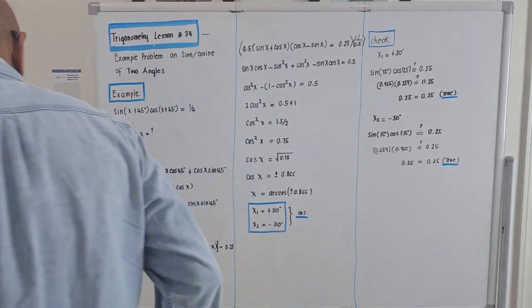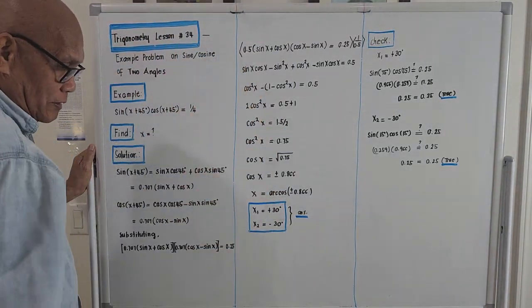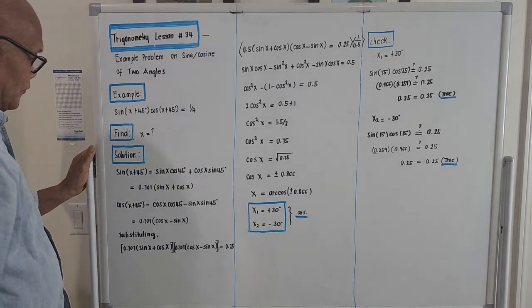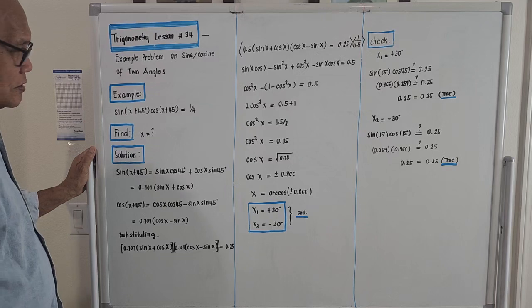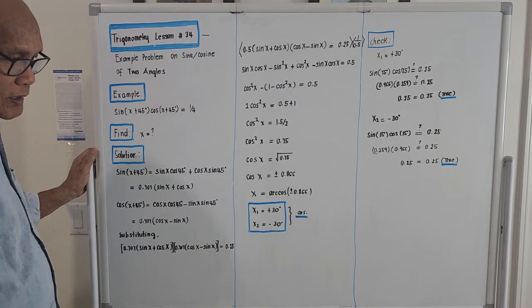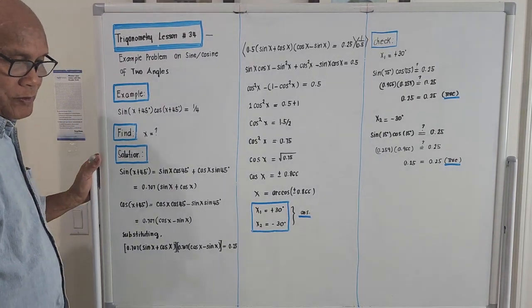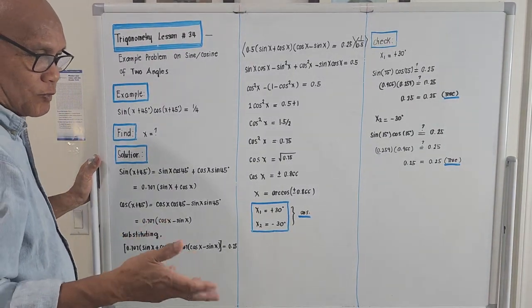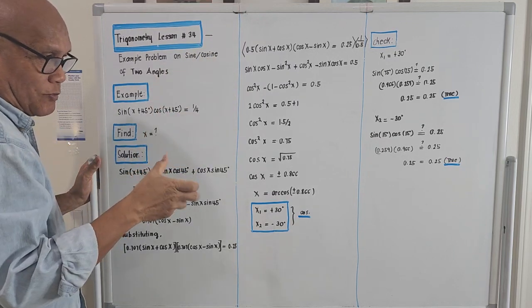The subject matter for this morning will be trigonometry, lesson number 34, and the title of the topic is example problem on sine/cosine of two angles, meaning the identity that we will be using in the solution of the problem will be the sine and cosine of the sum of two angles.